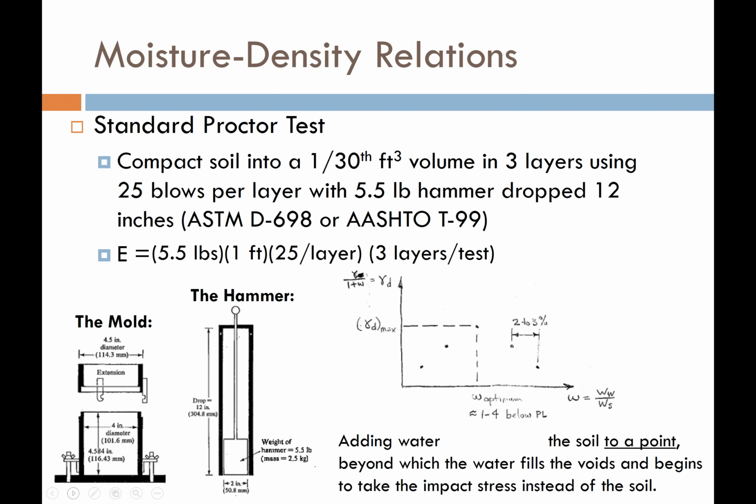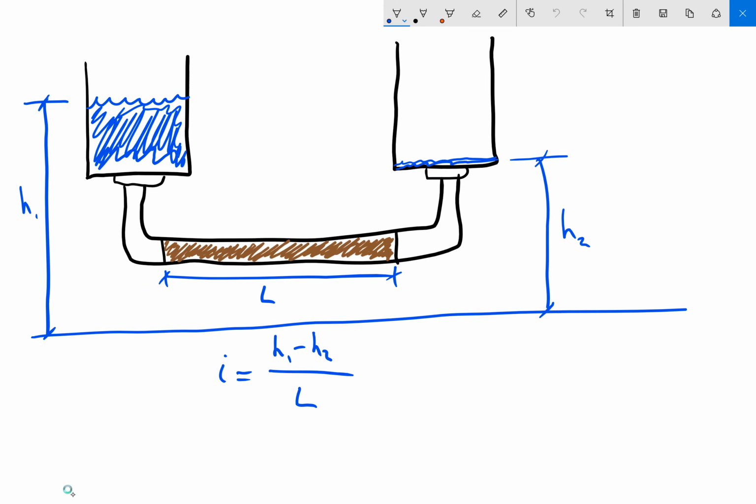So how do we establish a standard or, I guess, rules to define how we want to perform compaction? So the test that we use today is called a Proctor test or a standard Proctor test. Now the standard Proctor test, let me erase some older notes there.